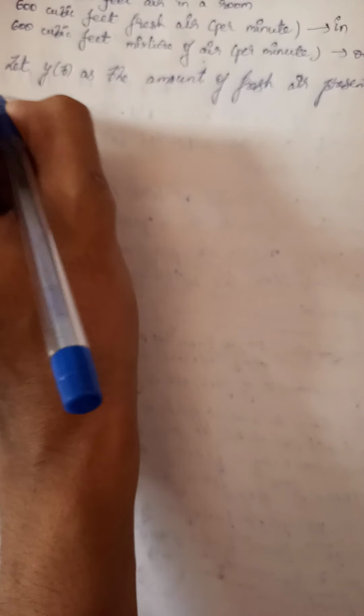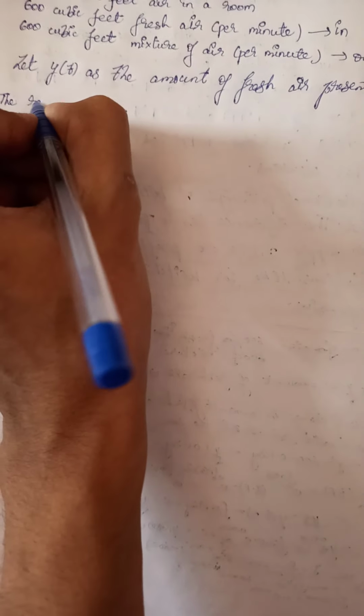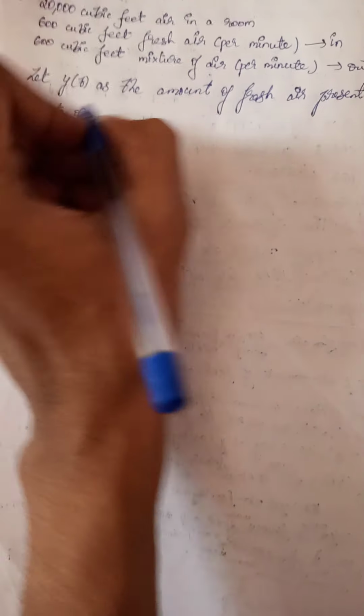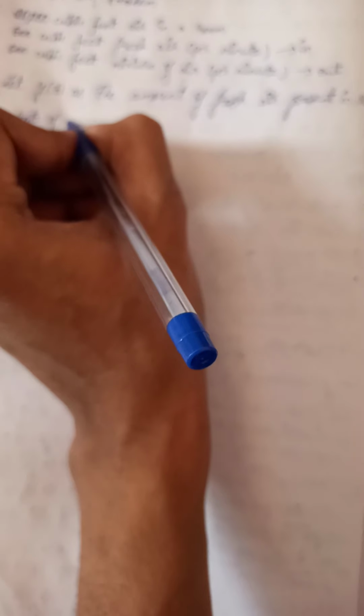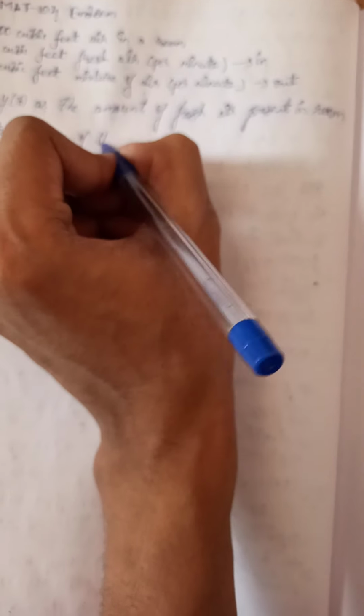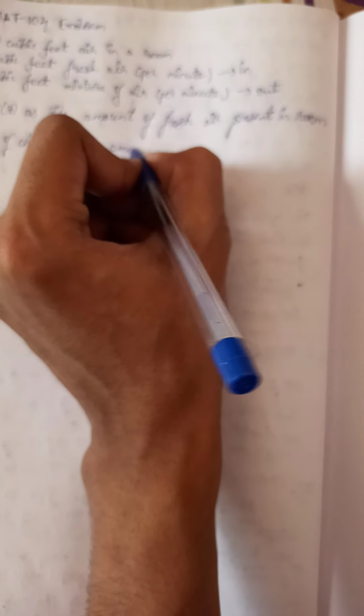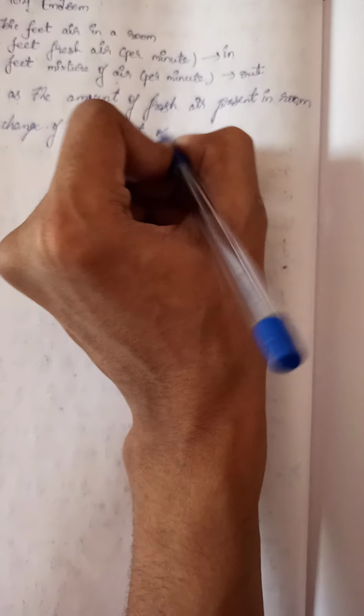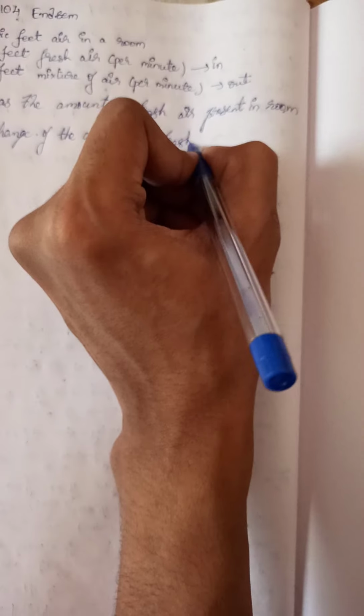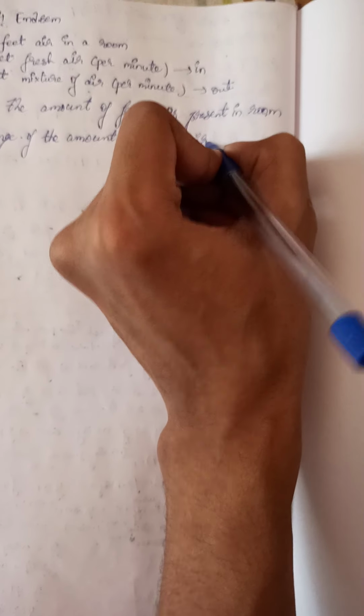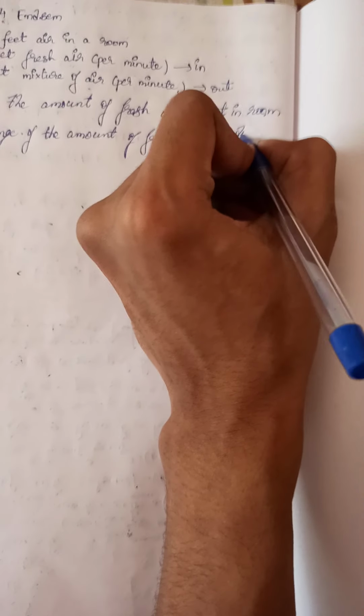So the rate of change of the amount of fresh air is dy by dt.